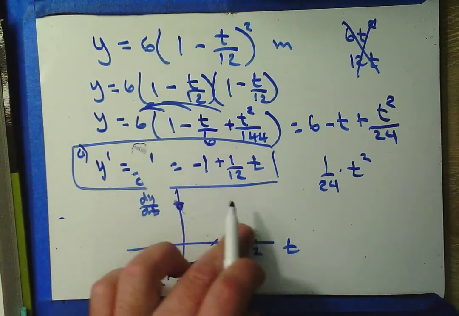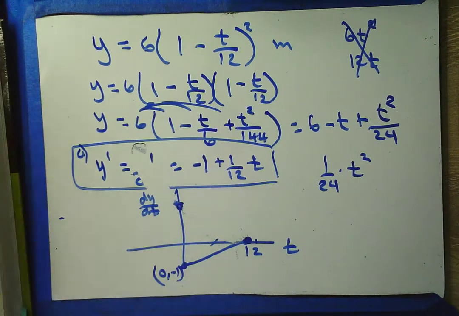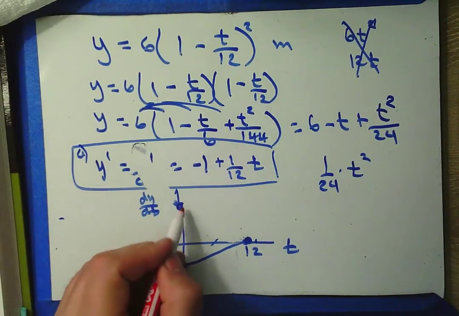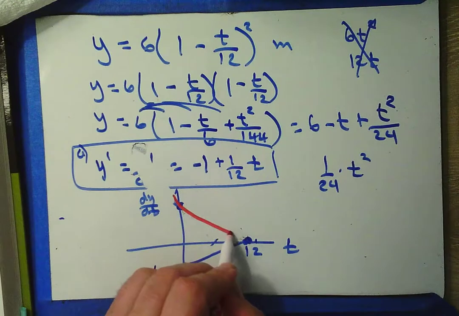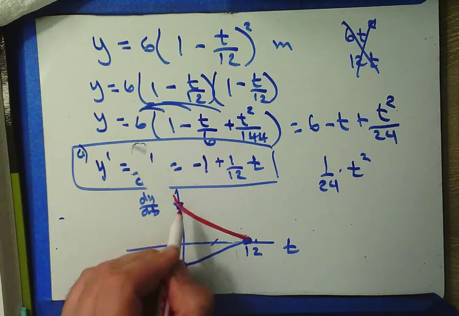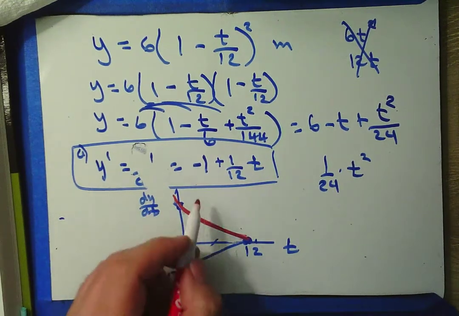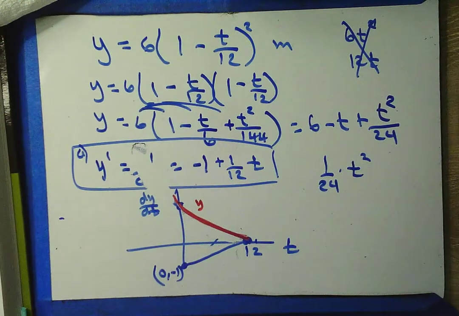Why don't we do this in a different color? That's what different colors are made for. Parabola. So here's my y, and here's my dy dt.